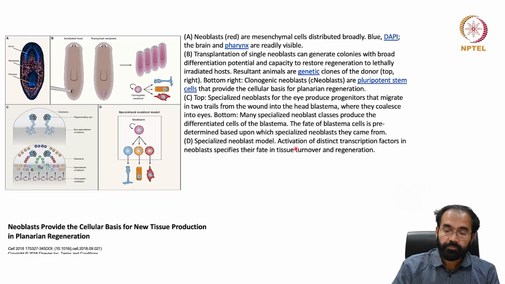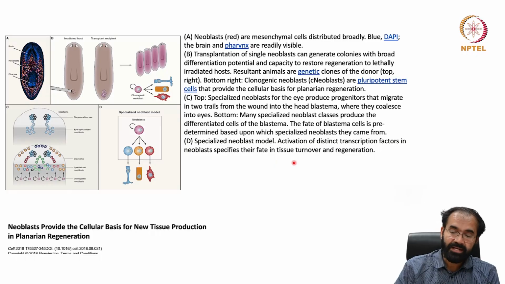And in D, what you are seeing is the specialized neoblast model, that is the activation of distinct transcription factors in a neoblast-specific manner that will seal their fate into the target, and also enable tissue turnover and regeneration.